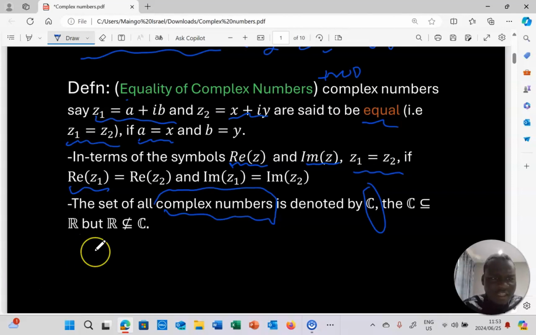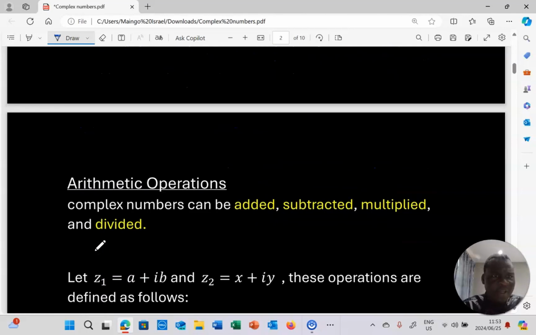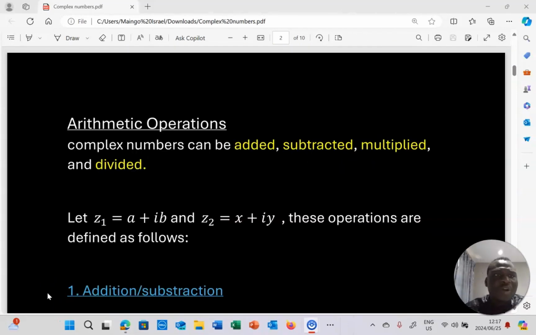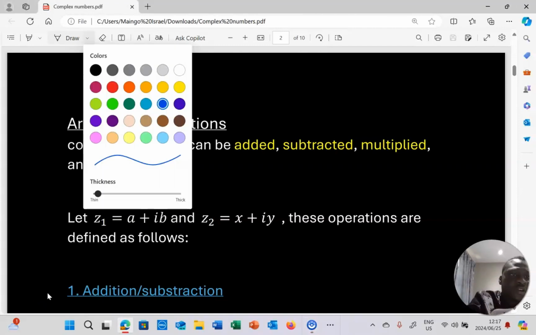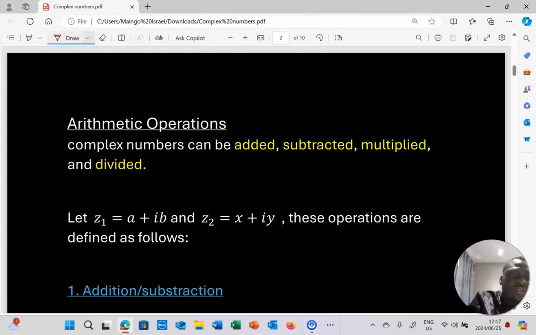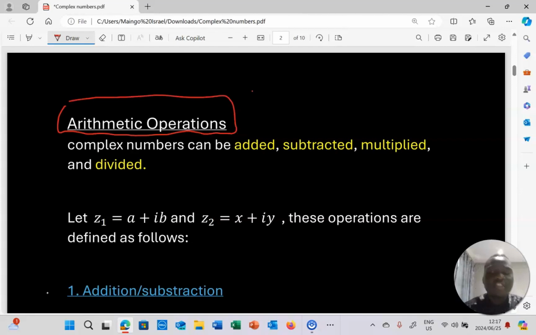So now let's talk about arithmetic operations of complex numbers. Note that complex numbers can be added, subtracted, multiplied, and divided.